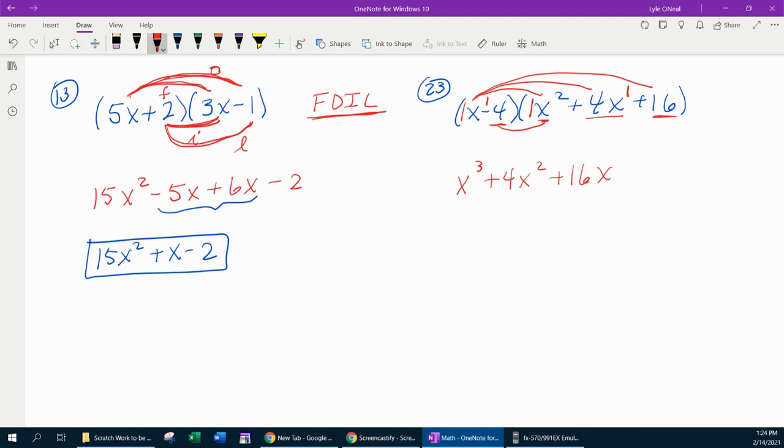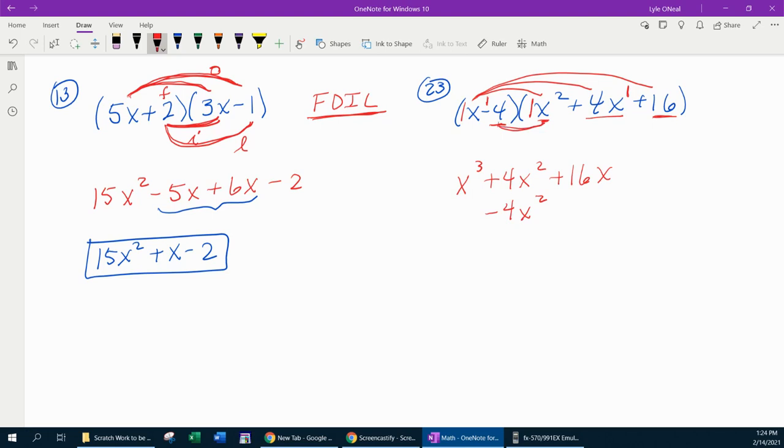And I'm going to use a technique that I call the stacking technique. So when I do the distributive property with the negative 4, instead of continuing to write it out to the side, I'm going to use the stacking technique. I'm going to line up my like terms as I go.